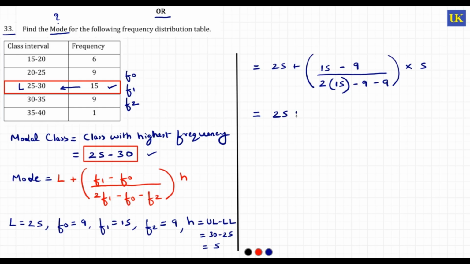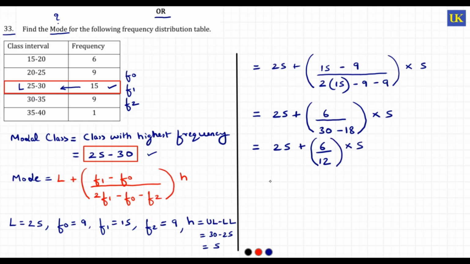Now 25 plus 15 minus 9 is 6. 2 into 15 is 30. Minus 9 will become minus 18, into H is equal to 25 plus 6 upon 30 minus 18 is 12, into 5.